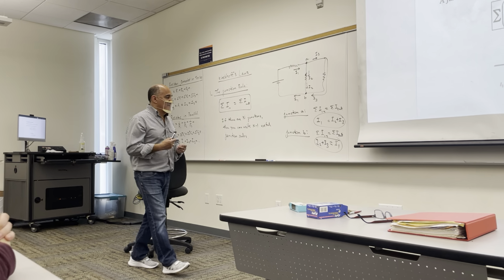So how many useful junction rules would I write down? One less. So there are 4 junctions, let's say A, B, C, D. I can write 3 junction rules, one less than the number of junctions.